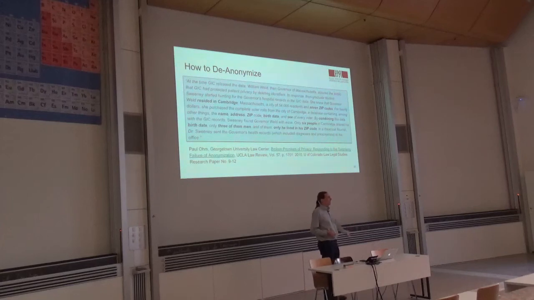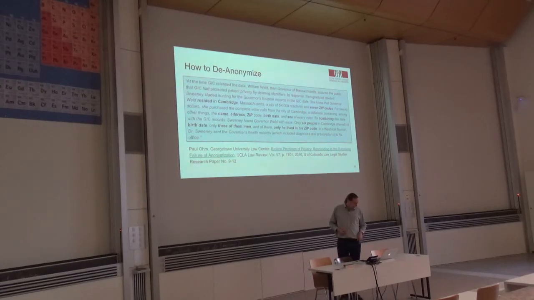It's anonymized, so you can't tell who he is, but let's see if we can find the governor. She knew that the governor resided in Cambridge, Massachusetts, which has 54,000 residents and 7 zip codes. She purchased the voter rolls from the city of Cambridge, which is public information.